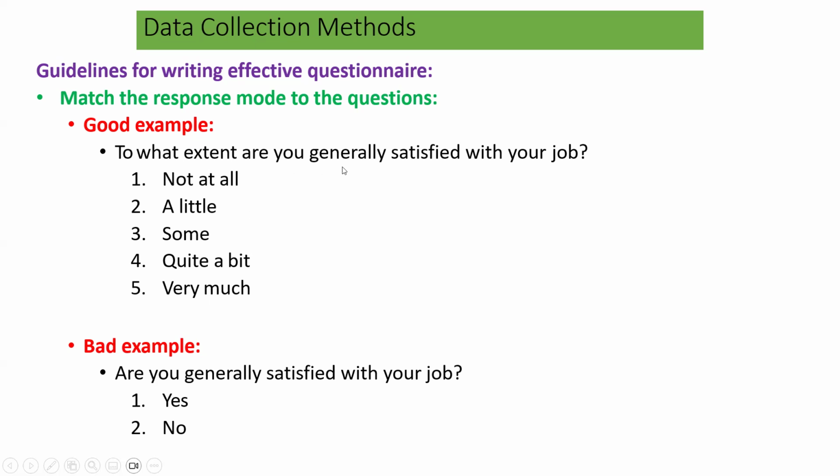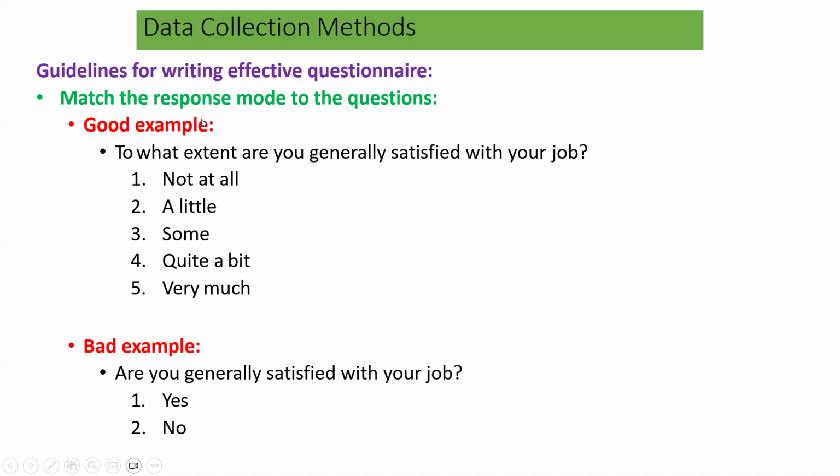To what extent do you agree? If this type of question is asked, to what extent do you agree with the following statements, statements 1, 2, 3 can be given. Then a simple answer is: 1 denotes totally dissatisfied, 2 denotes dissatisfied, 3 denotes neutral, 4 agree, 5 strongly agree.